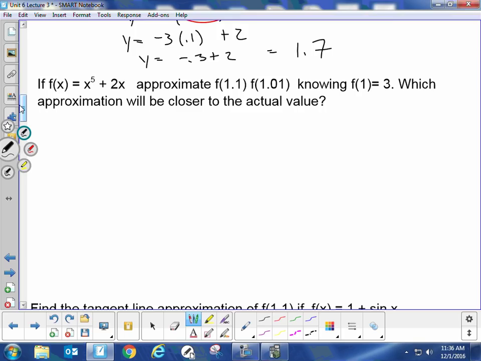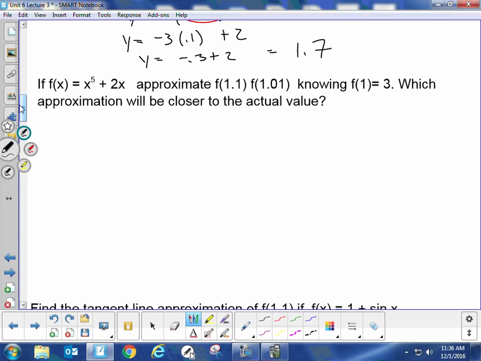So if I am looking at x to the 5th plus 2x, and I look at f of 1.1 and f of 1.01, and I know that f of 1 is 3, I'm going to focus my attention at 1, 3 for this one. I can find approximations to both of these, but really right away you should know, okay, one of the two is definitely going to be more accurate than the other.